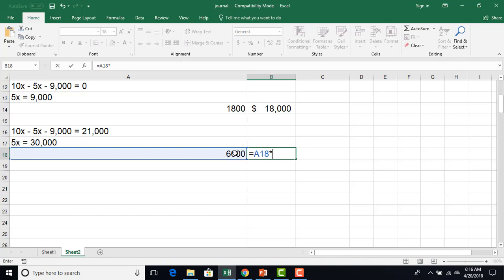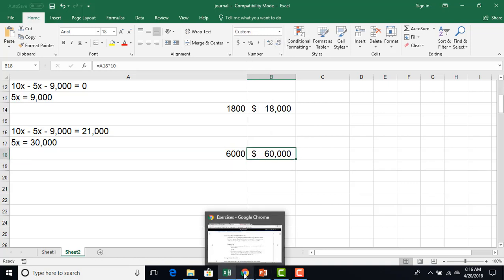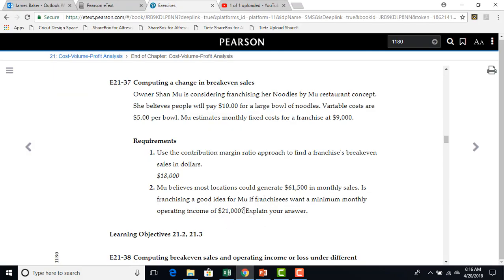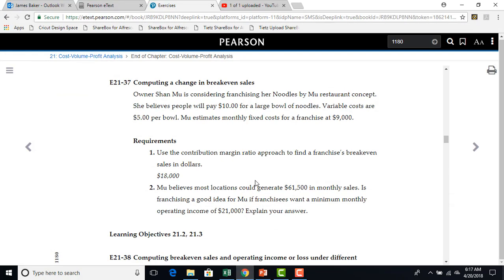So I take that 6,000 units and multiply it by the $10 selling price per unit. That gives me $60,000. So she expects their operating income to be $21,000, which means she expects that they'll have sales each month of $60,000. All right, now I can compare these numbers.